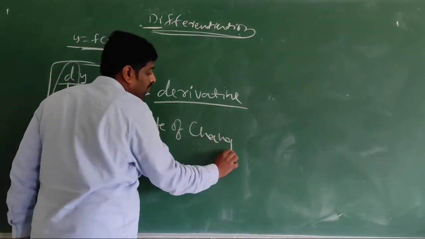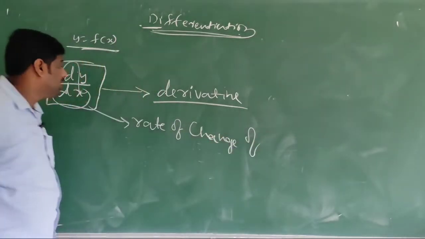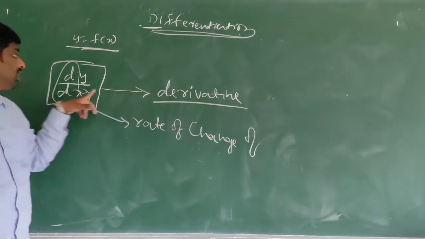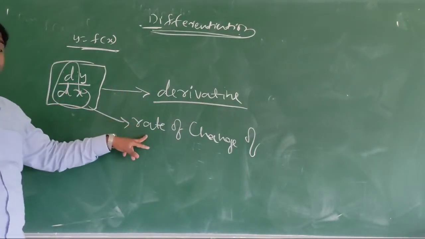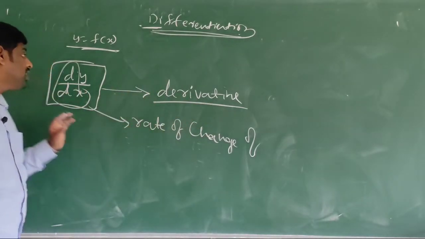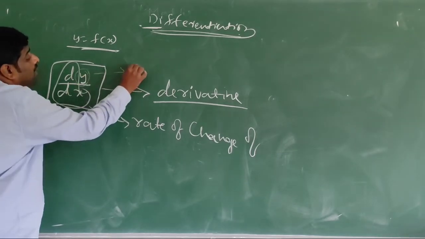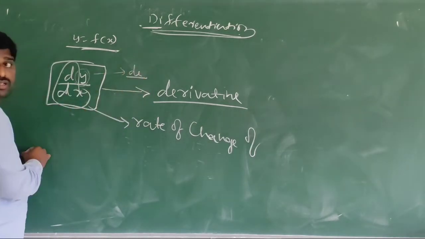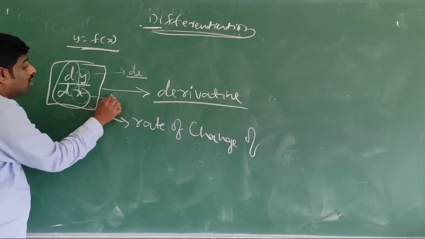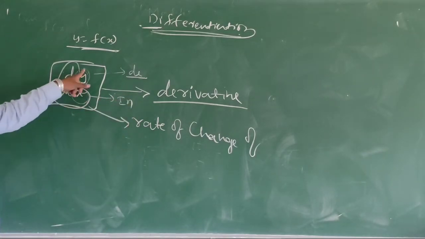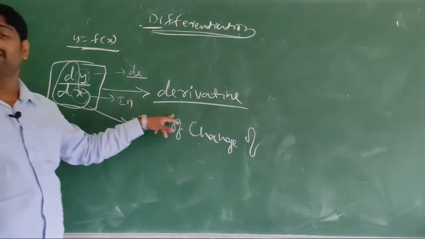dy by dx is called the derivative. d by dx is the rate of change of. Here y is called the dependent variable, x is called the independent variable. Okay, this dy by dx is the derivative.